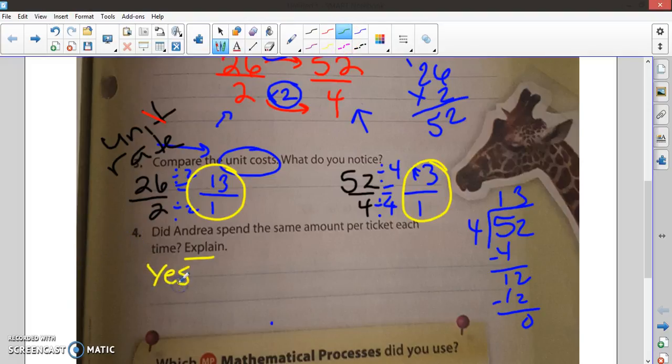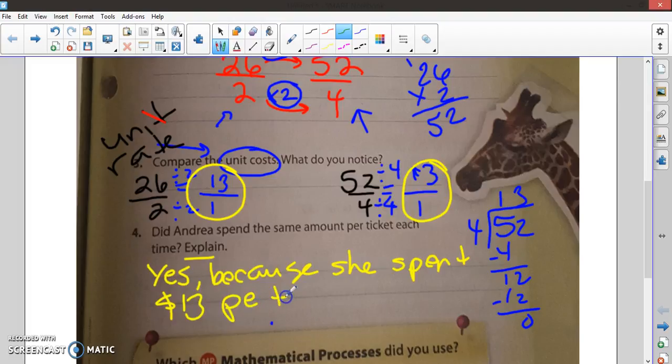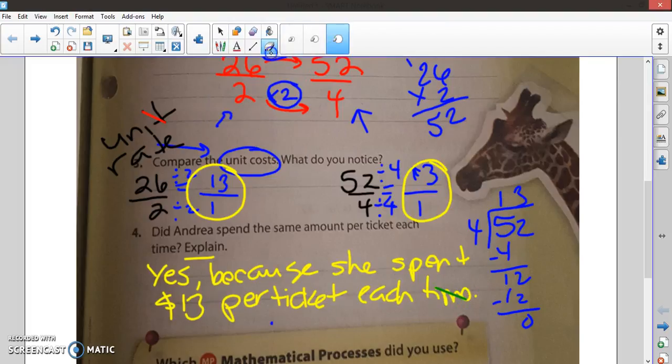Yes, because she spent $13 per ticket each time, right? She spent $13 per ticket each time.